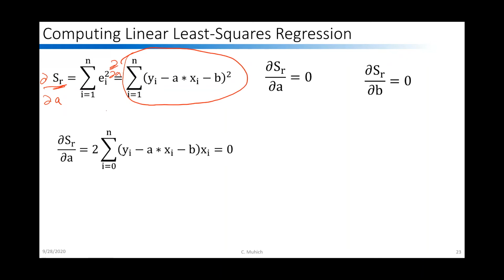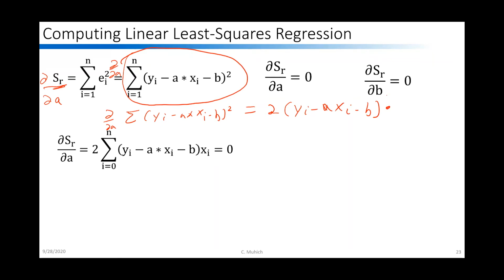Remember, when I take the partial derivative with respect to A of the sum of (yi minus a xi minus b) squared, I have my chain rule, so that is equal to twice what's happening in the parentheses, yi minus a xi minus b, times the derivative of what's happening inside that parentheses.